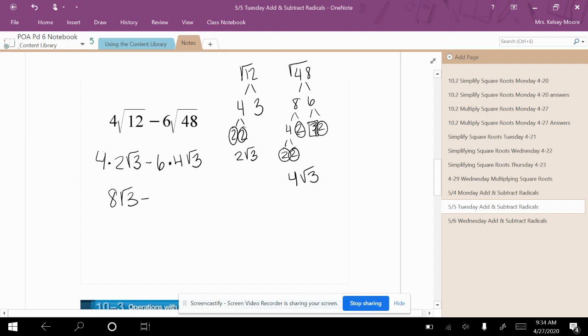Minus 6 times 4 is 24 square root of 3. Now I have like radicals. So 8 minus 24 is negative 16 square root of 3.